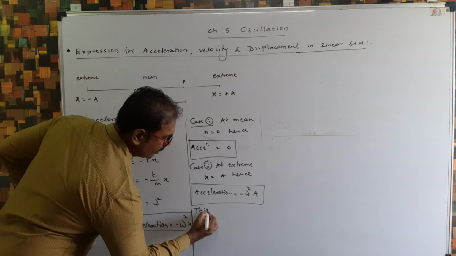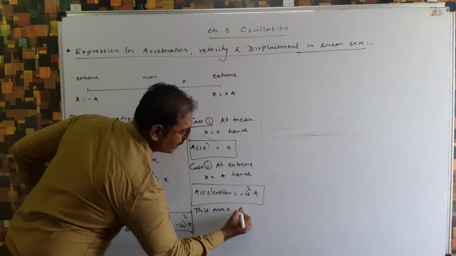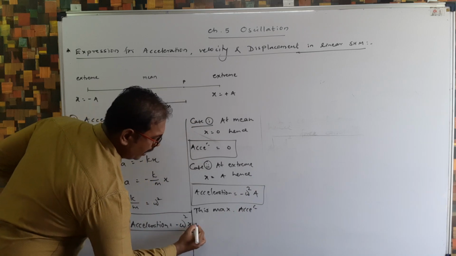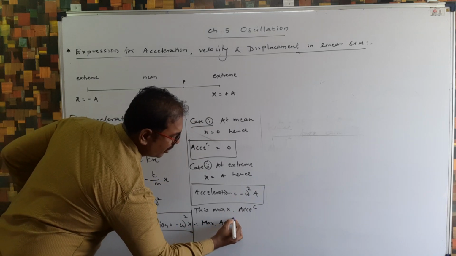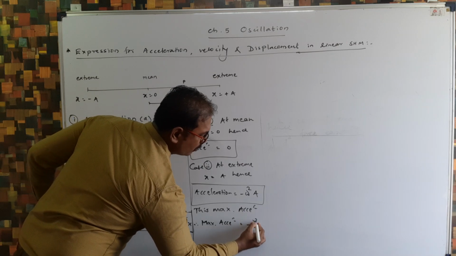Hence I can write the formula: maximum acceleration is equal to minus omega square A.